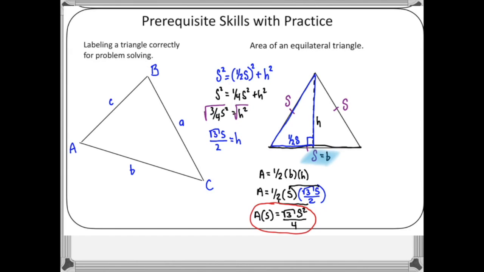Another way that we could have found the height is using those special right triangles that we talked about earlier this year. And so this would be 60 degrees because each angle is going to be 60 degrees, right? And when this one gets cut in half, that's going to make a 30-degree angle right there.